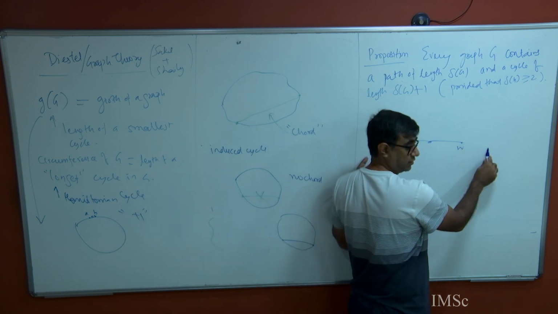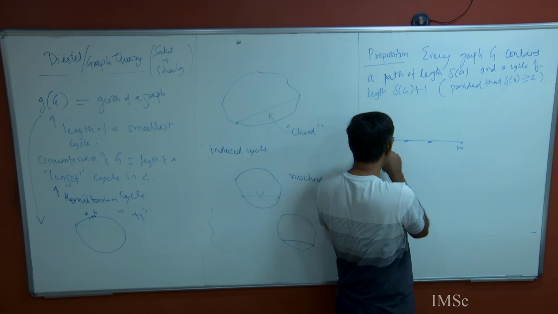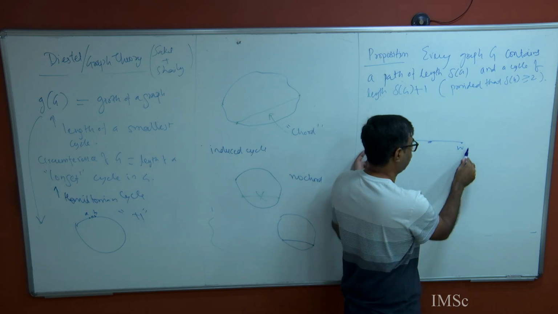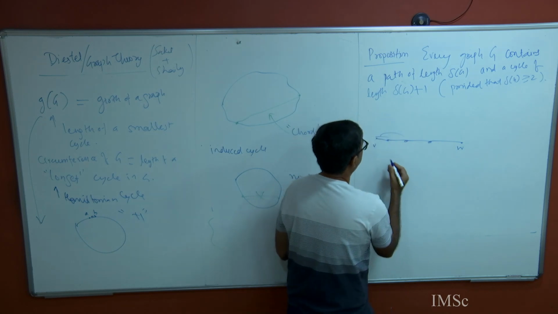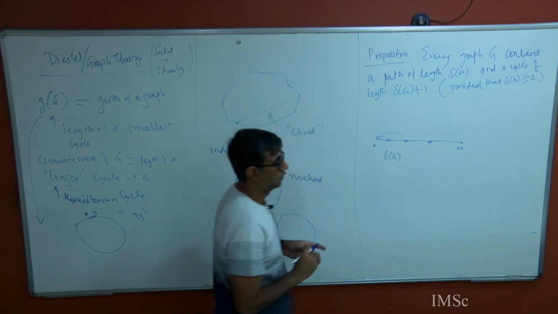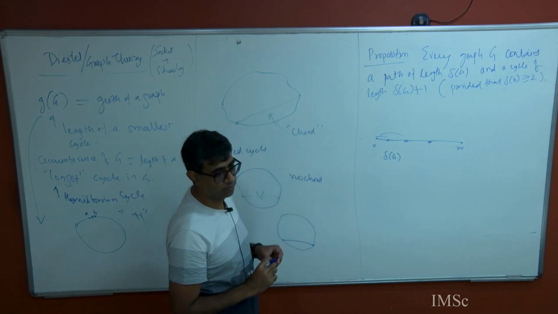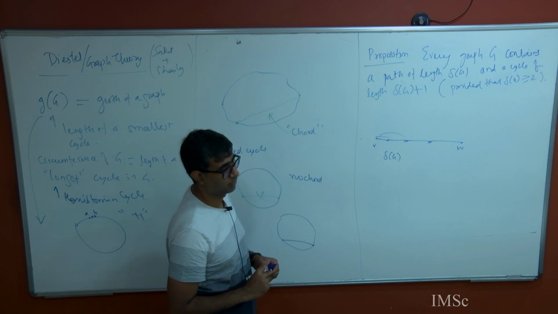Why could I not extend this side, or this side? Because all the neighbors of V are present on this path. All the neighbors of W are present on this path, which implies that you have delta G. And why delta? If the minimum degree is 2, why is there a cycle of length delta G plus 1?